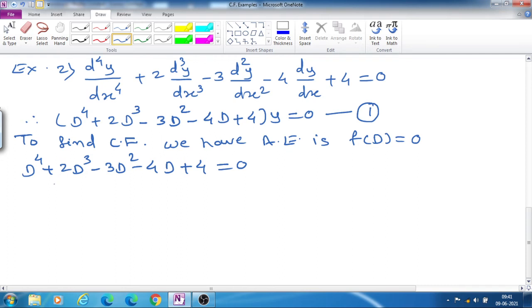So it is not equal. But if we take the sum of all the coefficients, 1 plus 2 minus 3 minus 4 plus 4, that is 1 plus 2 is 3, 3 minus 3 is 0, minus 4 plus 4 is 0. So this addition is 0, and therefore D − 1 is one factor.